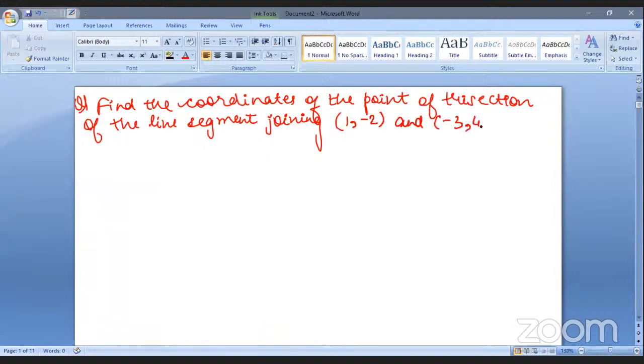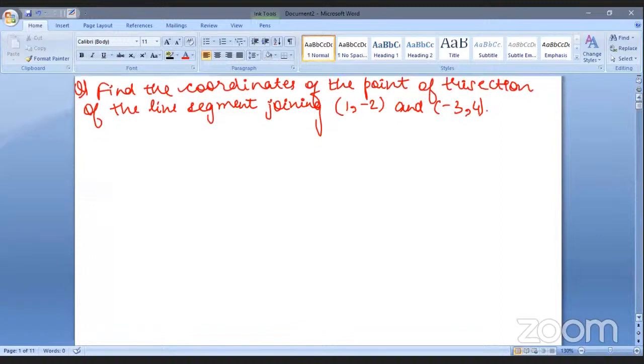Now I would have given you time, but let me tell this one because it is slightly different. Not difficult, it is different.